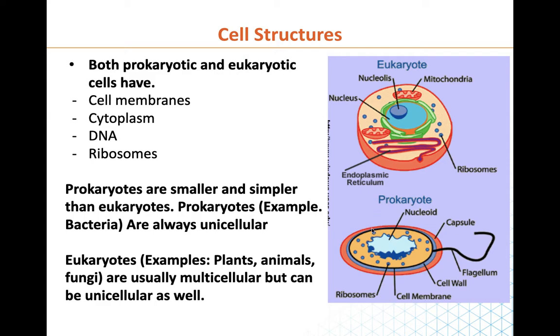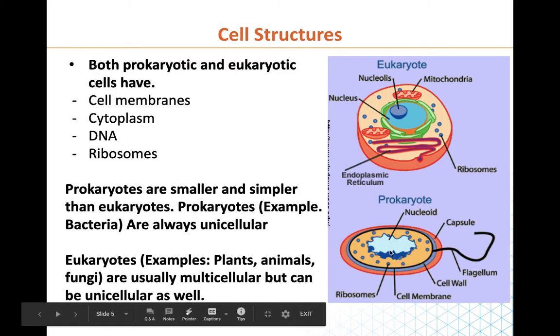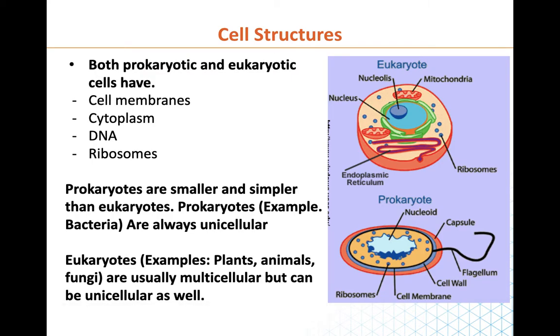But if you look at a prokaryotic cell, you're not going to see any organelles. You're only going to see a bunch of DNA in the middle, and it's not inside of a nucleus. It's just floating freely in the cytoplasm. All right? So, in general, prokaryotic cells are going to be smaller, so they're like bacteria, and they're always going to be unicellular, meaning that an organism that is prokaryotic is only ever going to be made up of one cell.